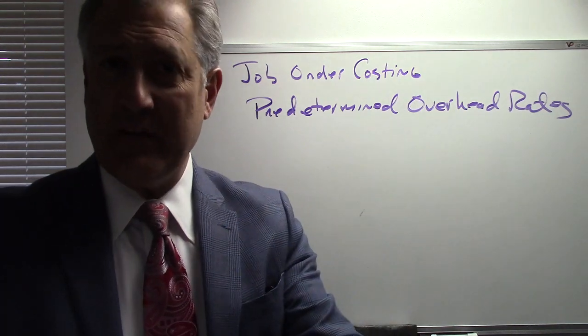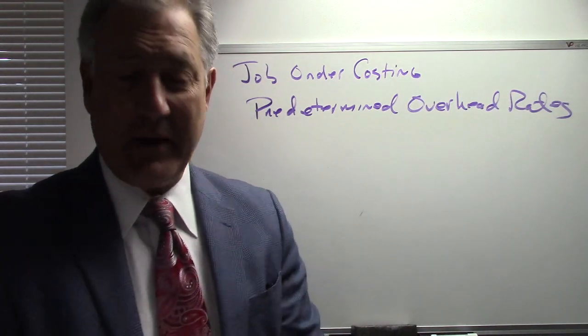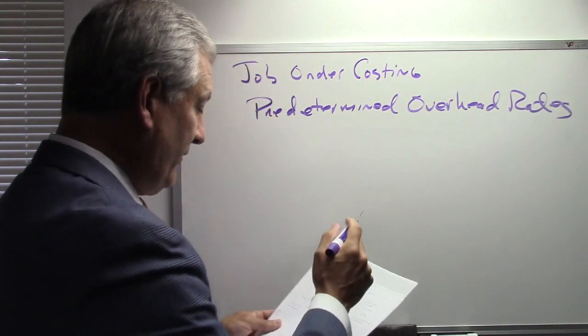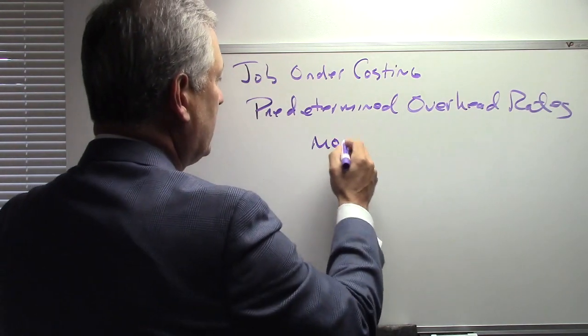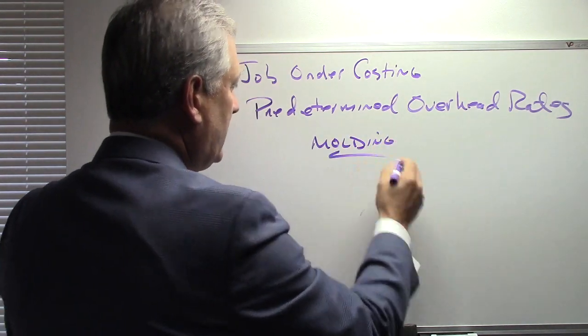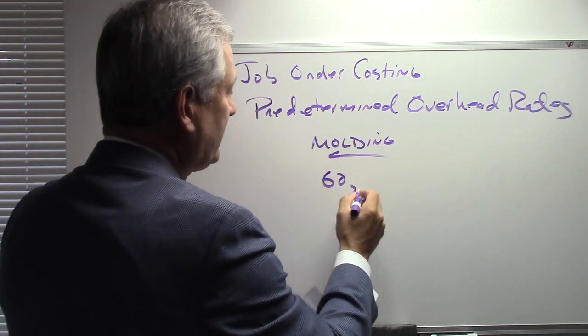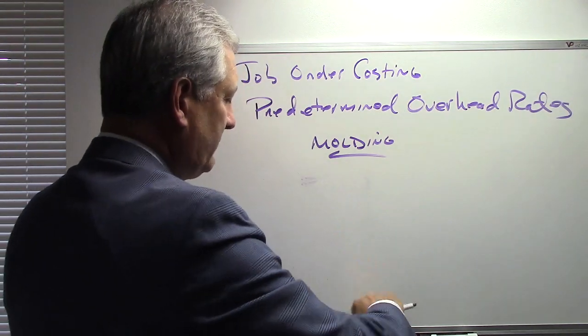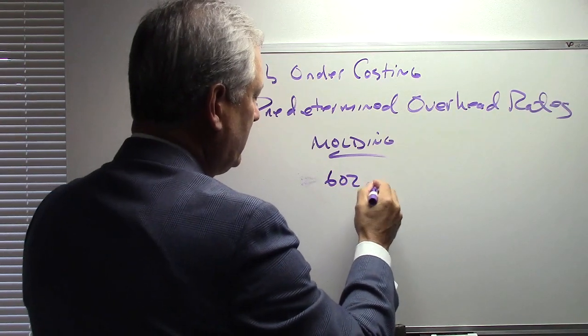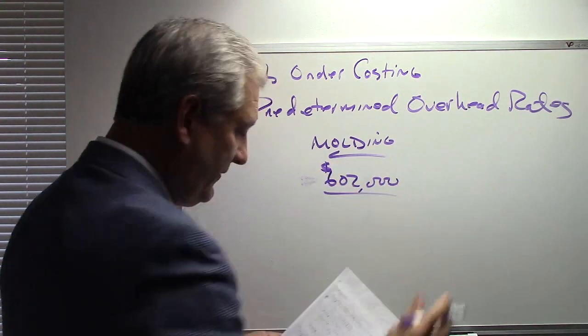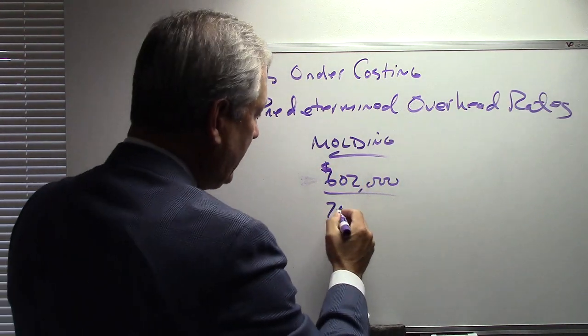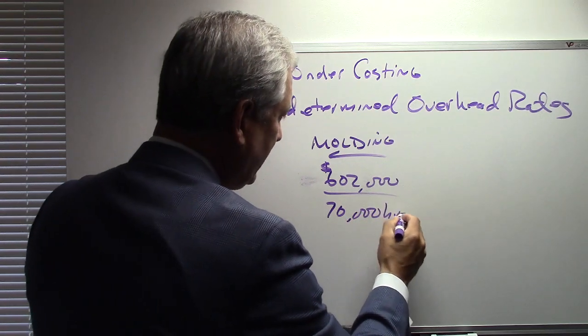Total estimated manufacturing overhead dollars divided by activity. So for the molding department, total estimated overhead is $602,000, which we just calculated, divided by the estimated activity, 70,000 hours.